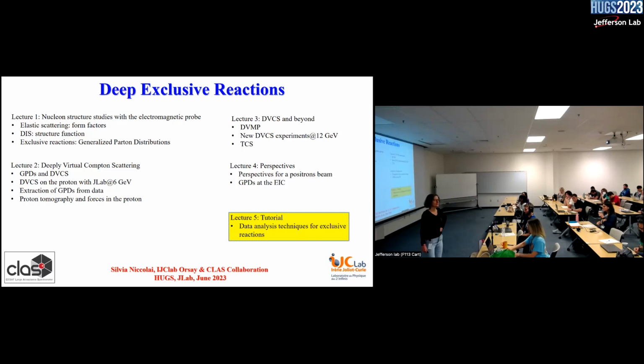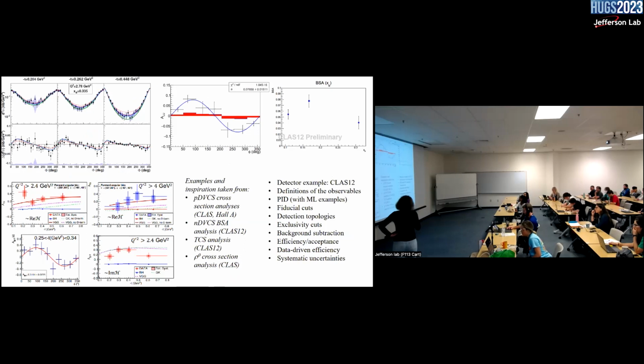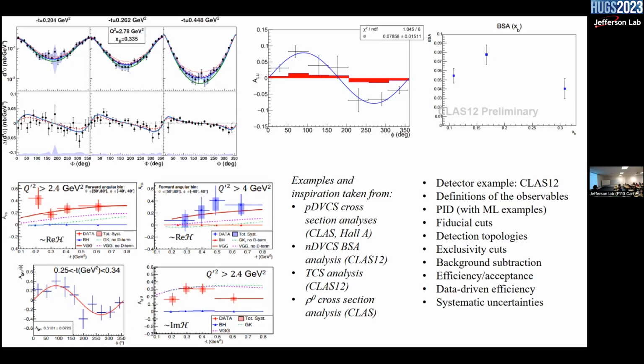It can be useful to have an overview of the practical way to get to those beautiful plots that then tell us about the physics we're interested in. So I'm going to give this tutorial, or overview, of data analysis techniques, geared in particular toward the measurement of exclusive reactions, which is the title of these lectures. You will see that exclusive reactions are peculiar and they allow you to do cool things.